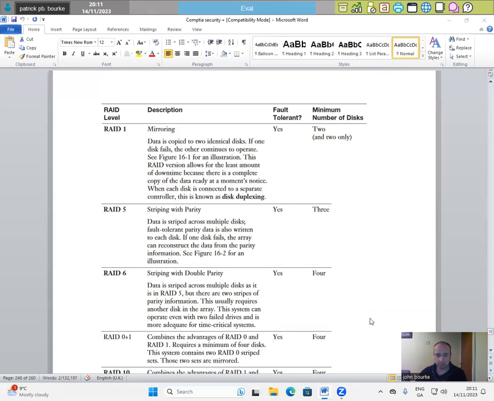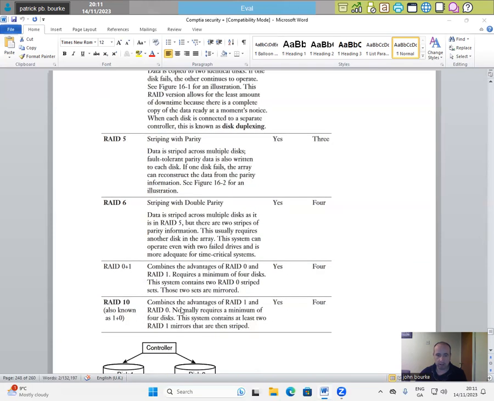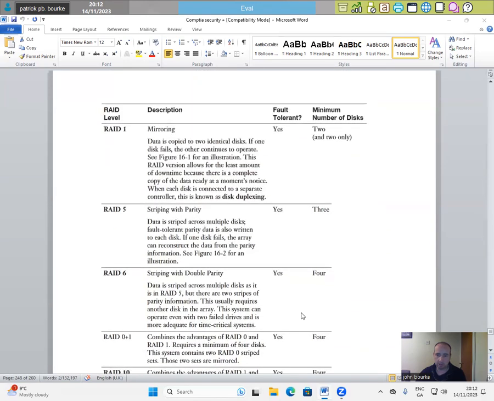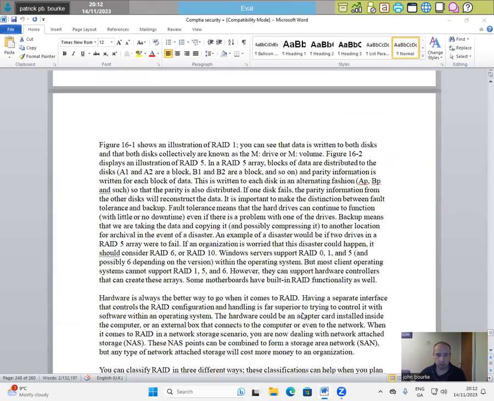Minimum number of disks: 4. RAID 10 combines advantages of RAID 1 and RAID 0. It normally requires a minimum of 4 disks. This system contains at least two RAID 1 mirrors that are then striped. Fault tolerant: yes. Minimum number of disks: 4.